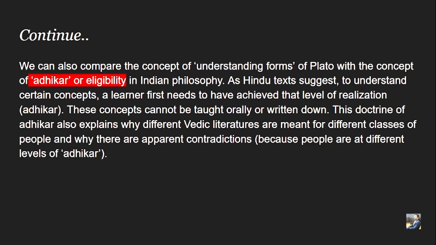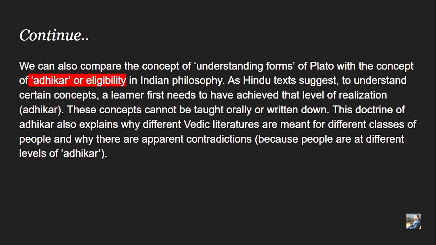So here we can connect this notion of Plato with the notion of adhikara and the varna system of our Indian philosophy, that people are at different levels of adhikara or eligibility. Everyone cannot excel in brahmanical matters or education, or be a warrior class, the Kshatriyas, or business class, the Vaishyas, or the other classes mentioned in the varna ashram system of Indian philosophy.